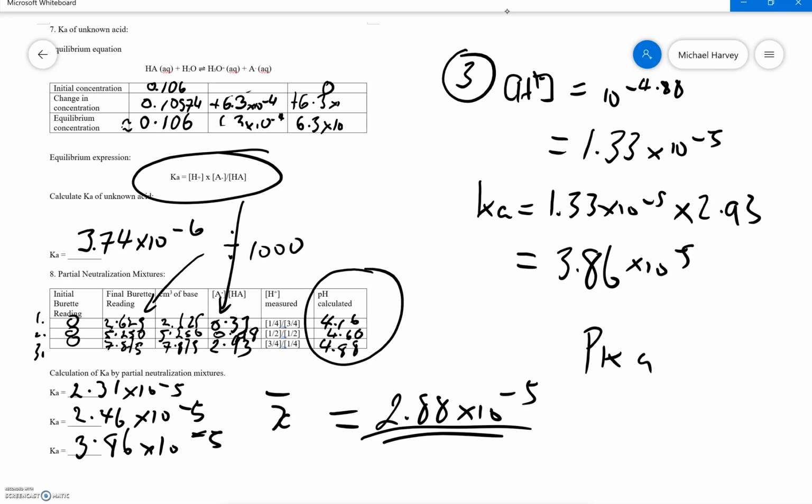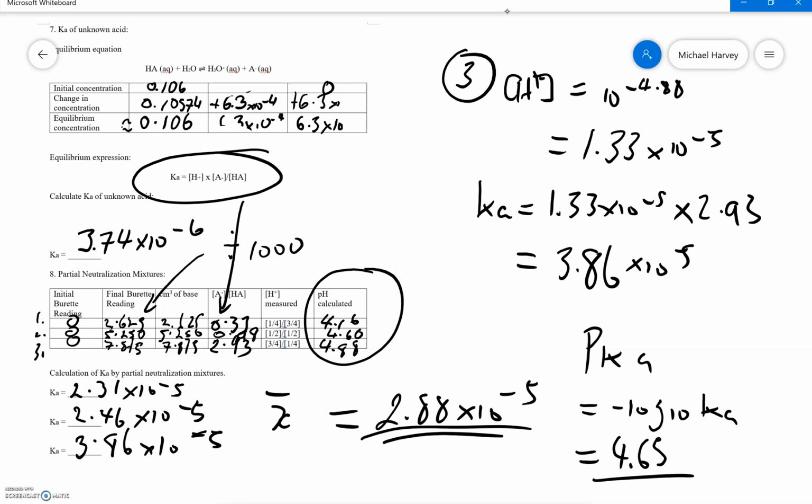The pKa will basically be negative log base 10 of that number, or Ka, which equals, if we again get the calculator out, 2.88 times 10 to the negative 5. So that should be about 4.65.